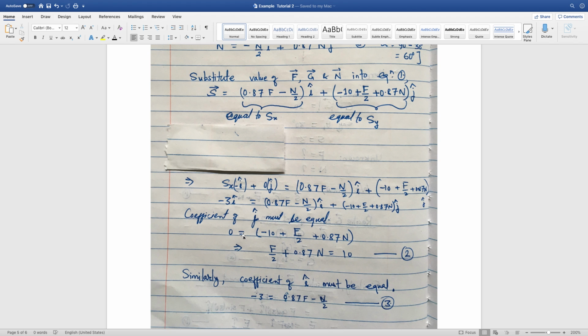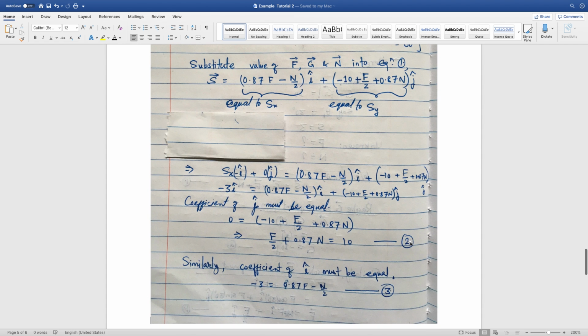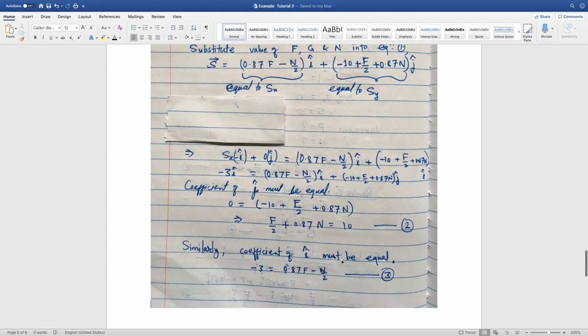And that must be equal to the coefficient of j hat on the right side of the equal sign, which is this part. So if we put this value here, it becomes like this. And then after you rearrange this, you get this equation here. Let's call this equation 2. Similarly, the coefficient of i hat must be equal. Again, you repeat the same process, but for the coefficient of i hat, which is this guy right here, must be equal to this part here. And that's what we're writing. Let's call this equation 3.